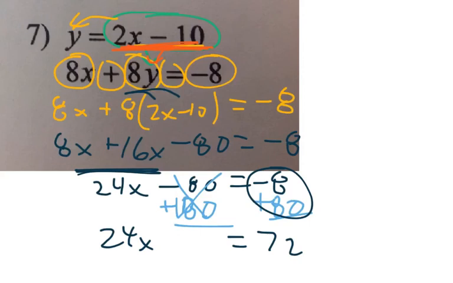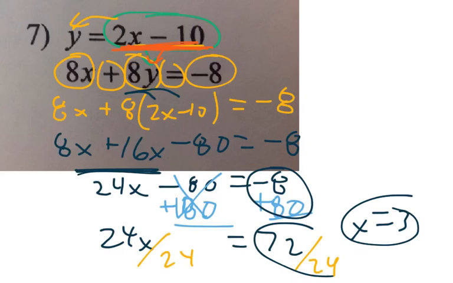Now, dividing by 24. And guys, remember with the larger numbers and stuff, please use your calculator if you need to, okay? And notice I'll end up with x equal to 3. 72 divided by 24 is 3. Now what do we do? That's right, I'm going to plug it back in.